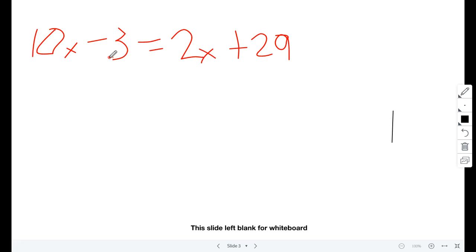Okay, so 10 it makes to be 10x minus 2x equal to 29.